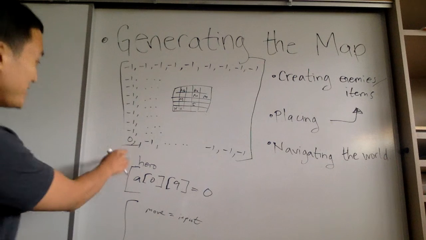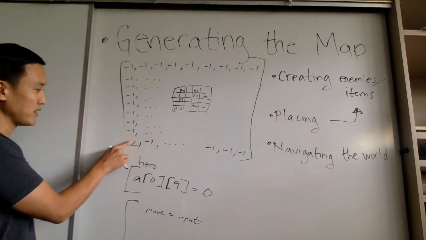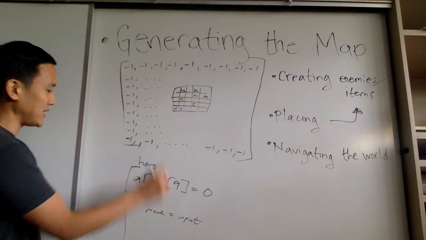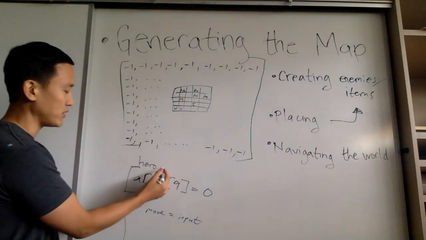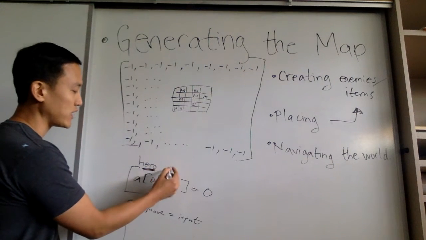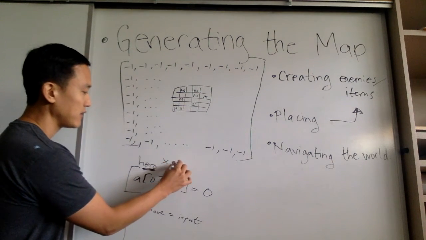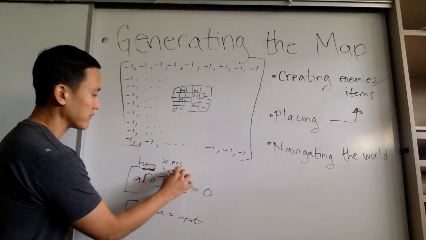I guess you could kind of do a 0 here, but maybe an easier way to do this, now that I'm thinking about it, is to have an instance variable in hero, xpos and ypos.